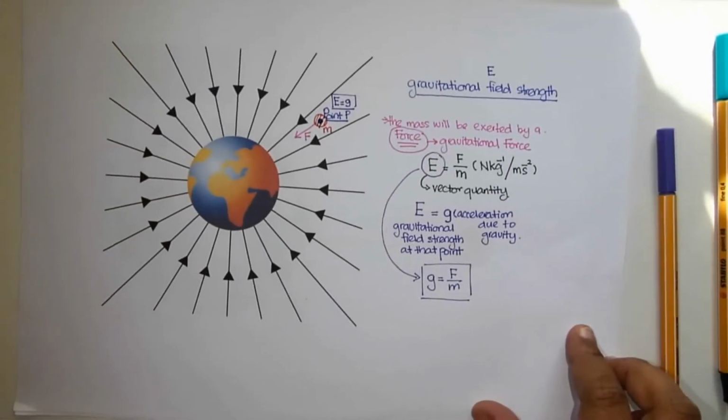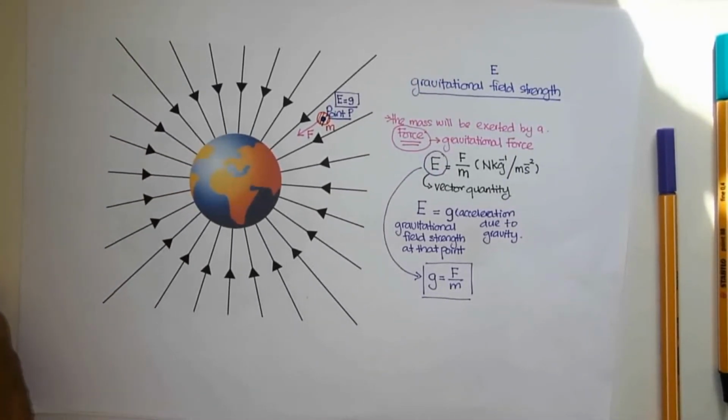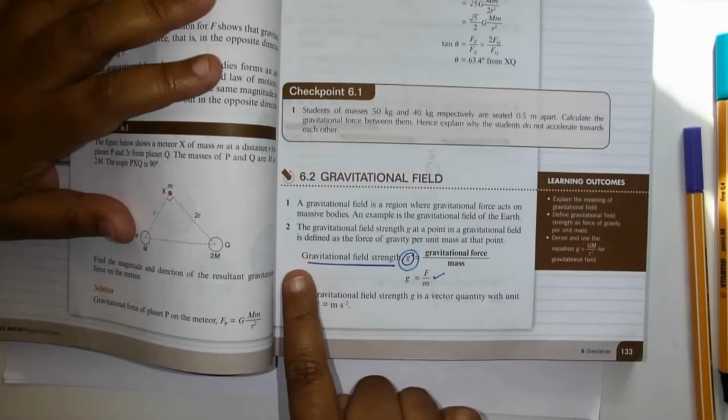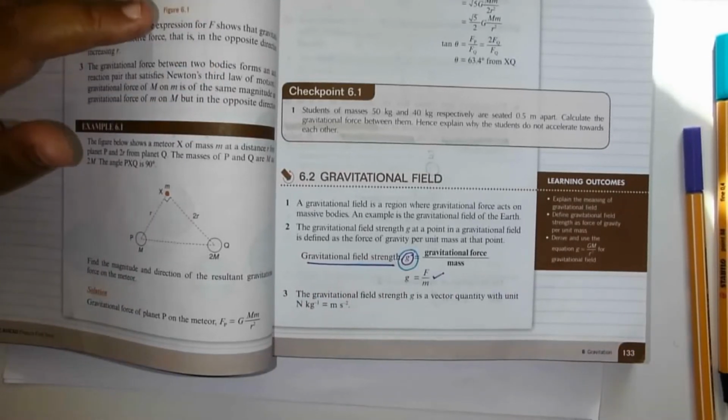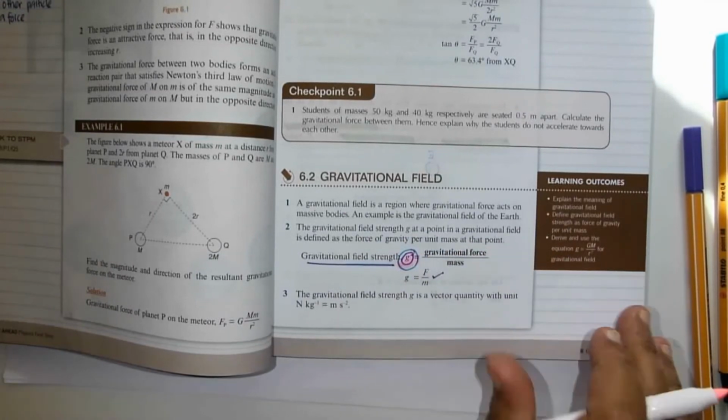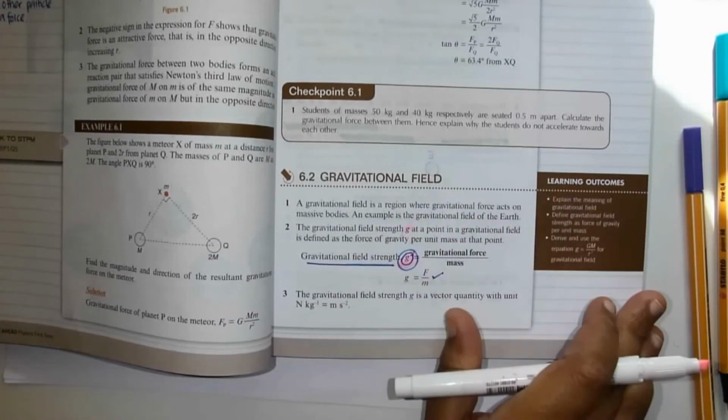If you turn to page 133 in your textbook Oxford Fajar, you realize that the gravitational field strength is symbolized as small g. Why?